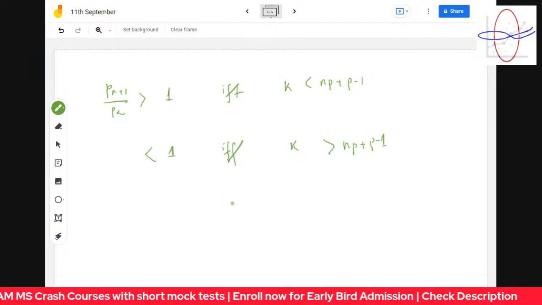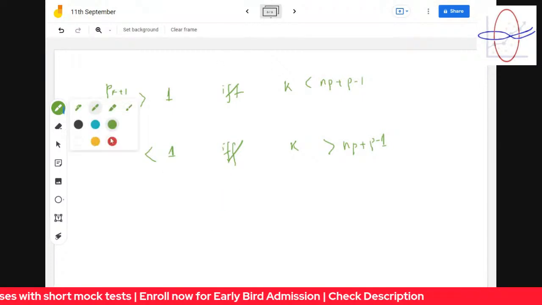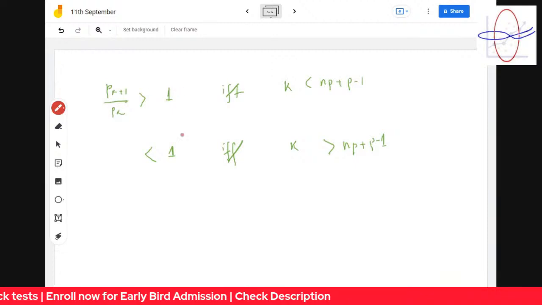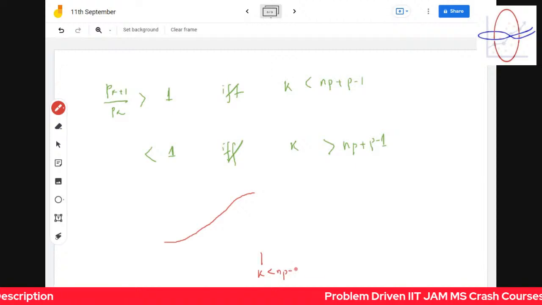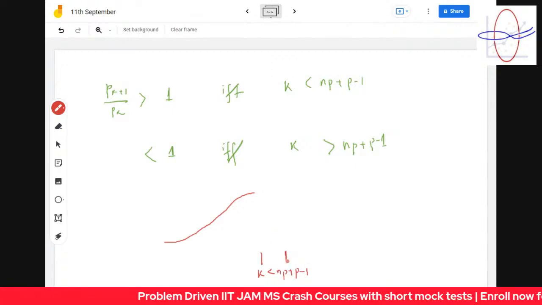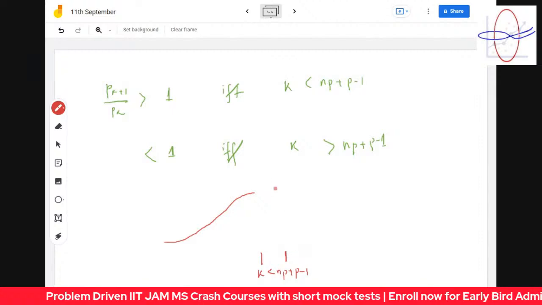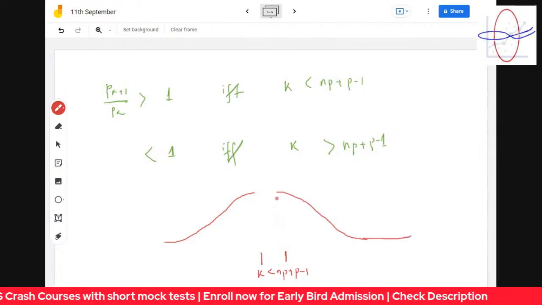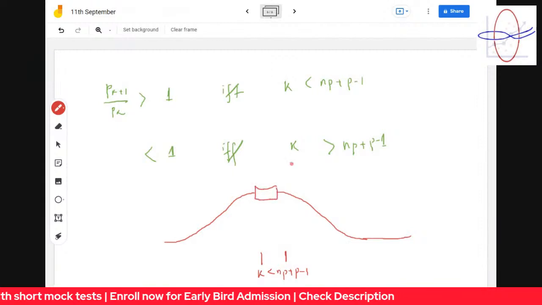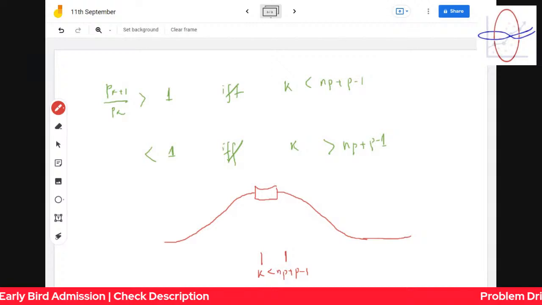This is the basic idea, and therefore it's increasing: P(k plus 1) is greater than P(k) till k is less than np plus p minus 1, and after that it is decreasing. So you can understand this by taking various cases, like various values, when np plus p is equal to 1, np plus p minus 1, once again.